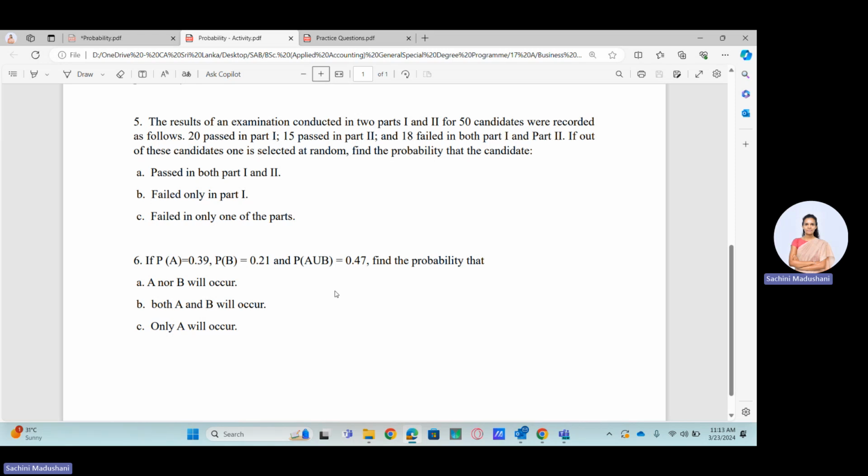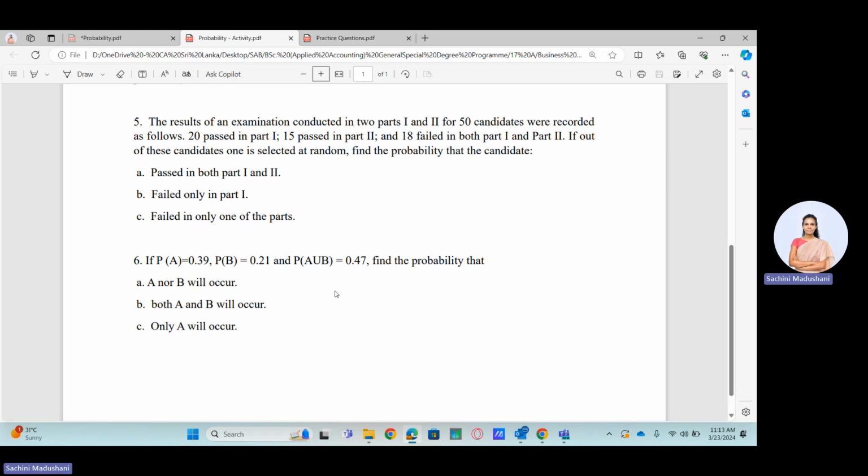Why? Always the total probability value is equal to 1. The maximum value we can get as a probability is 1, and the lowest value is 0. So we take 1 minus the union value, and we get the complement of the union.